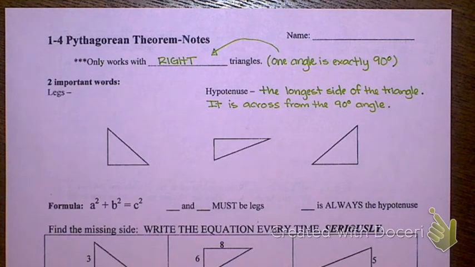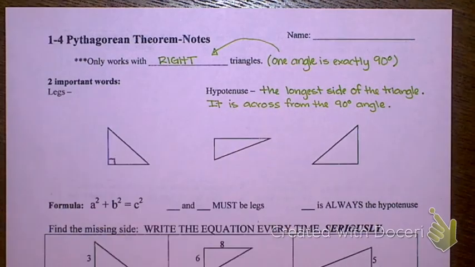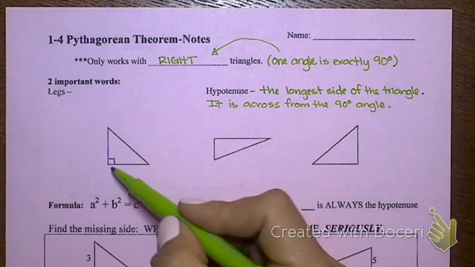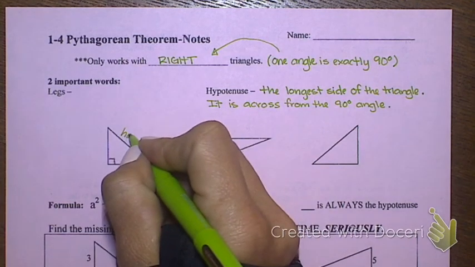Can you say that word, hypotenuse? So hypotenuse is the longest side of the triangle across from the 90-degree angle. For example, if this were my 90-degree angle here, my hypotenuse would be directly across, so this would be your hypotenuse.